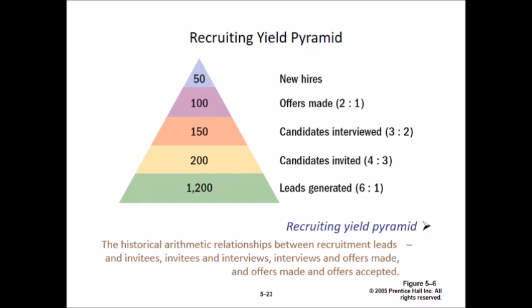It certainly shows that the recruitment process is a heavy, complicated activity. Imagine the percentage between the new hires and the leads generated. It is 50 out of 1,200, which represents that effective companies usually have the capability to accurately select the needed candidates.